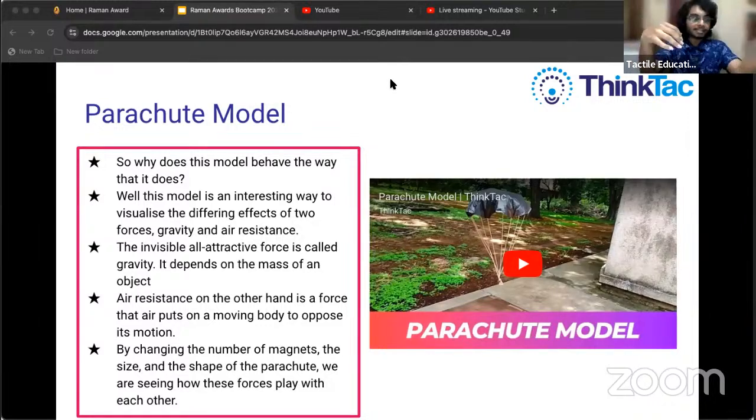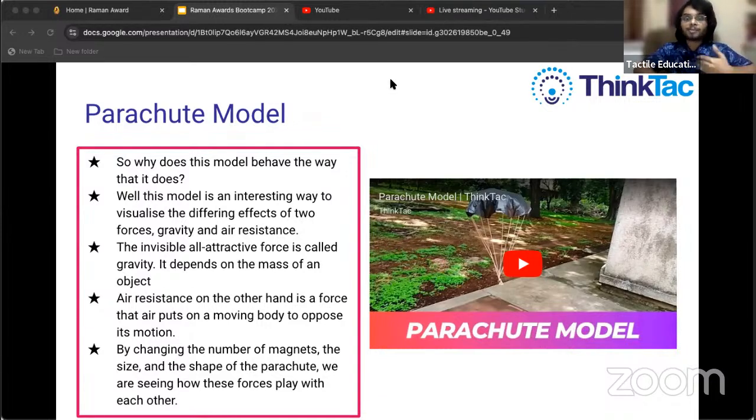So when we drop our parachute from a height, on one hand, gravity is pulling it down, and on the other hand, air resistance is constantly trying to ensure that it remains afloat. So in this way, we see that there's a tug of war between these two forces. And because gravity is winning, the parachute inevitably falls down.